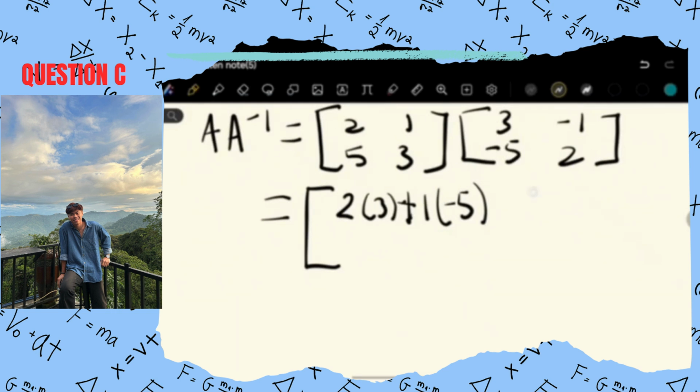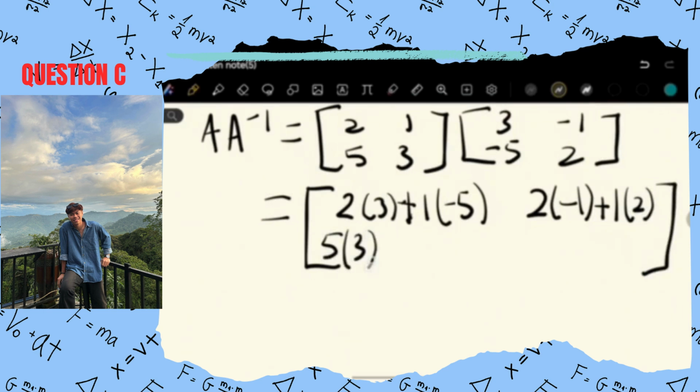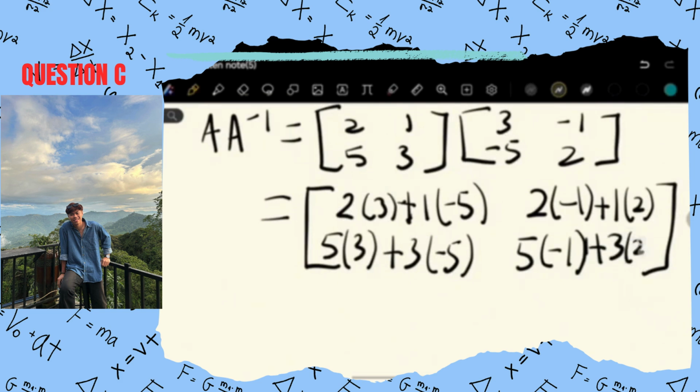Second, 2 times negative 1 plus 1 multiplied by 2. Third, 5 multiplied by 3 plus 3 multiplied by negative 5, and 5 multiplied by negative 1 plus 3 multiplied by 2. So the final answer is: A is 1, B is 0, C is 0, and D is 1.